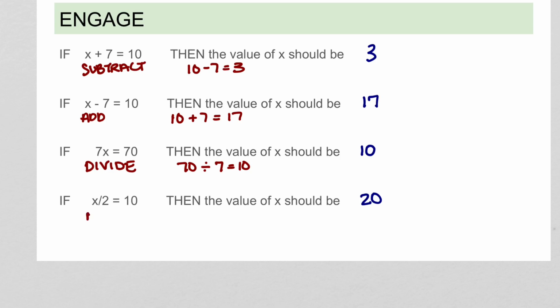And then finally, on that last one, you multiplied. 10 times 2 gave you 20. So for every one of these things that we see, like here it was a plus, but we subtracted. Here it was a minus, but we added. There was an understood multiplication, and we divided. And there's division, and we multiplied.